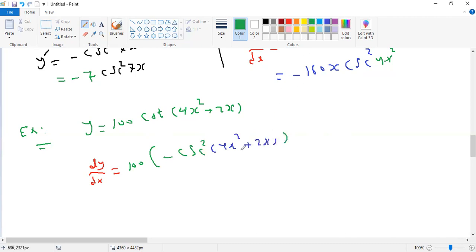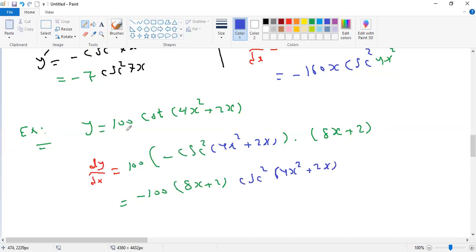Multiply by the derivative of the angle, which is equal to 8x plus 2. So now we can write it as negative 100 multiplied by 8x plus 2, and then we have cosecant squared of the angle 4x squared plus 2x.